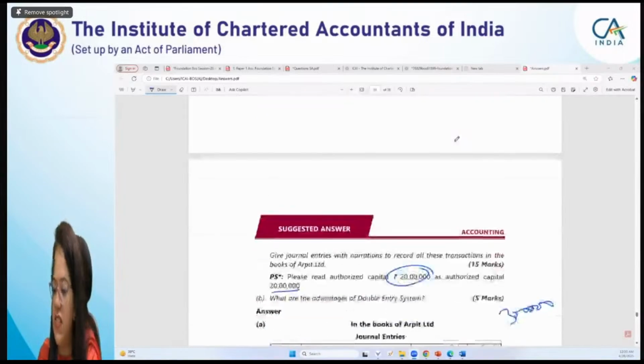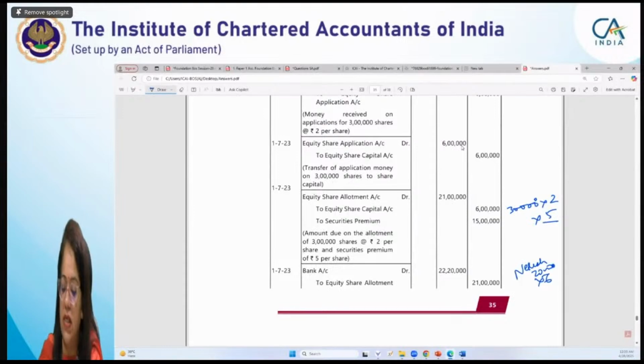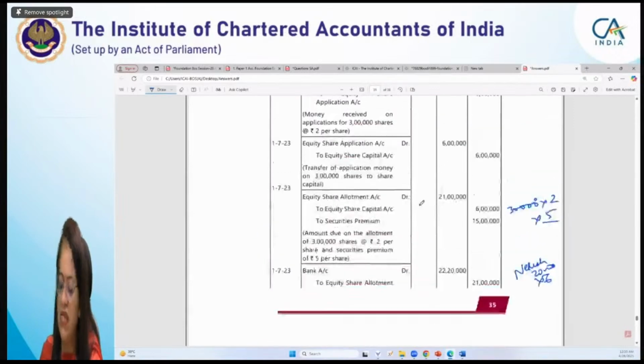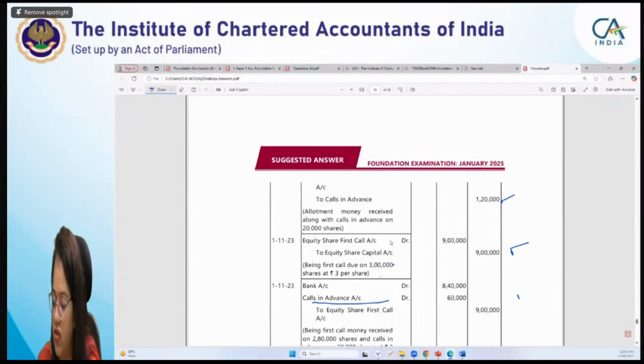So 6 is the calls in advance amount. So 20,000 into 6, 1,20,000, will be the calls in advance. And for equity share allotment, what amount will it be? 3 lakh into 7, 21 lakh. Now coming to the equity share first call, when did we make the first call due? It will be for 3 lakh into 3, 9 lakh. But when we receive it, we have already received it for 20,000 shares of Mr. Naresh.